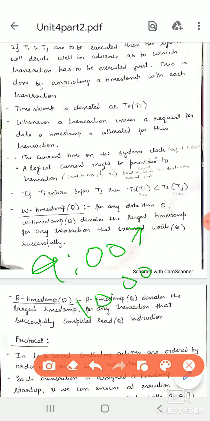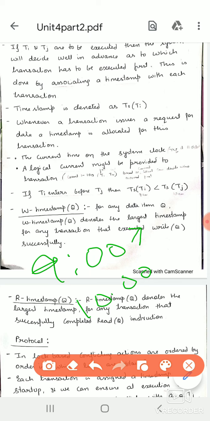Another one is based on a logical counter. Suppose you're asked to count from 1 to 100. You'll be counting 1, 2, 3, 4. At what count has transaction T1 occurred? Suppose at count 20 transaction T1 has occurred. So 20 will be the time of transaction T1 entering the system.